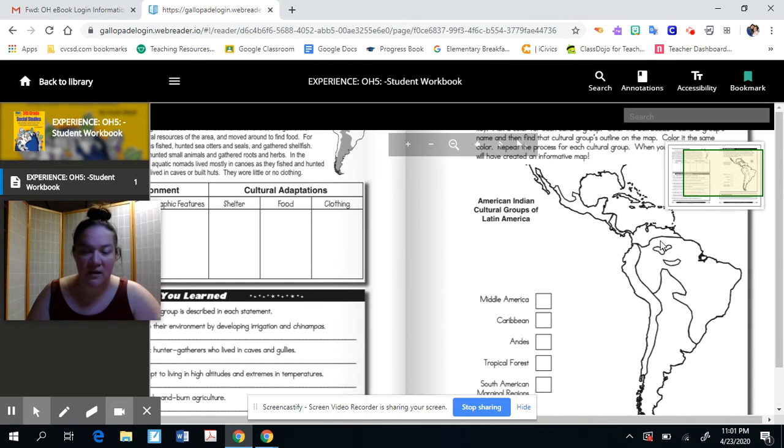Again, very different than the Caribbean, very different than the Middle American Native Americans, or Indian cultures, I guess I should say. Then you have the tropical forest, and that's right here, aka the rainforest. This area right here, also known as a big chunk of Brazil.